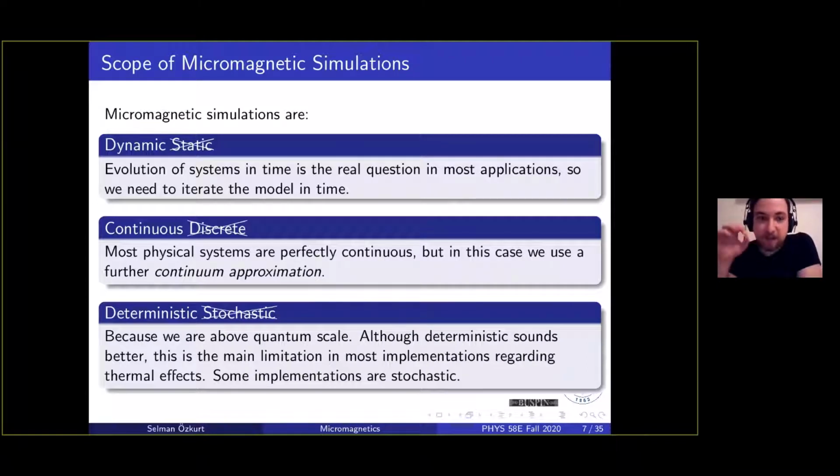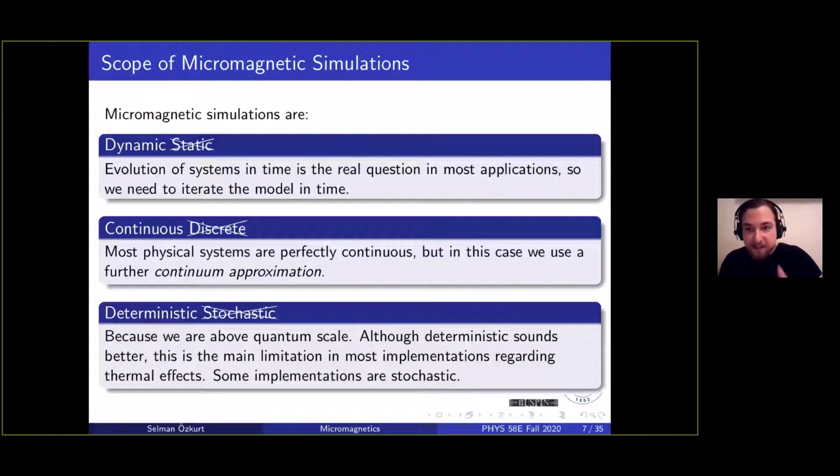And lastly, it's a deterministic simulation, not a stochastic one. This means that the evolution of the system in time does not include any randomization. Think of it like a simulation of a Newtonian mechanical system where the force is determined. You just integrate the effect and find how the object moves in space with respect to time.